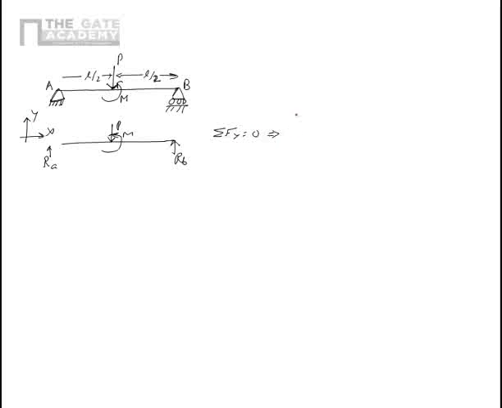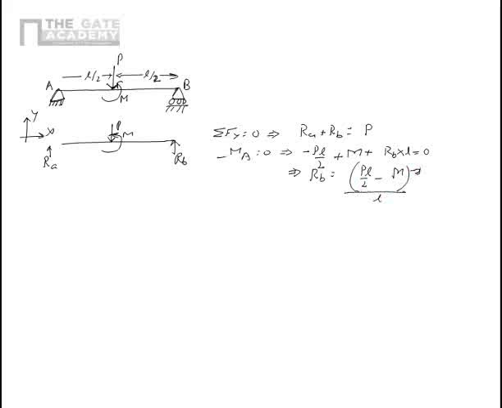So this gives me RA plus RB is equal to P. And similarly, sigma M at A is equal to 0 will give me minus PL by 2 plus M plus RB into L is equal to 0. So that gives me RB is equal to (PL by 2 minus M) divided by L. This is nothing but P by 2 minus M by L.